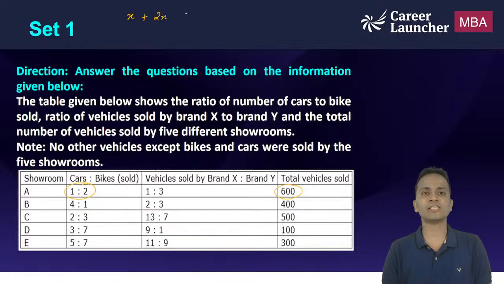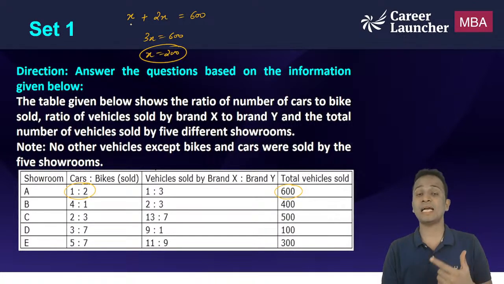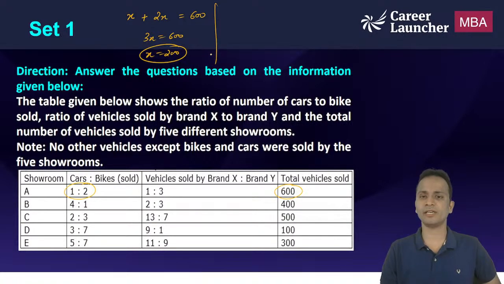So I can say that x plus 2x is equal to 600. 3x is equal to 600, so the value of x comes out to be 200. Okay, now if the value of x is 200, then the number of cars will be 200 and the number of bikes, which is 2x, will be 400. Okay, this is one way in which you can divide the ratio.